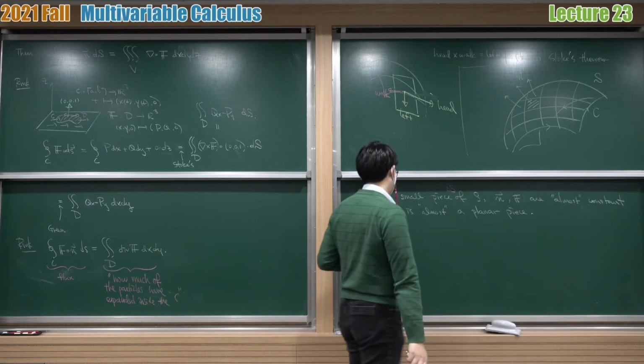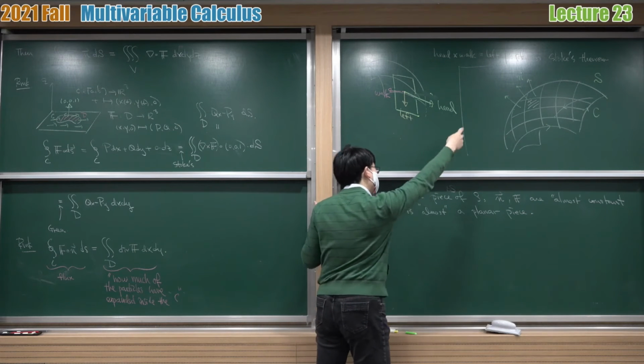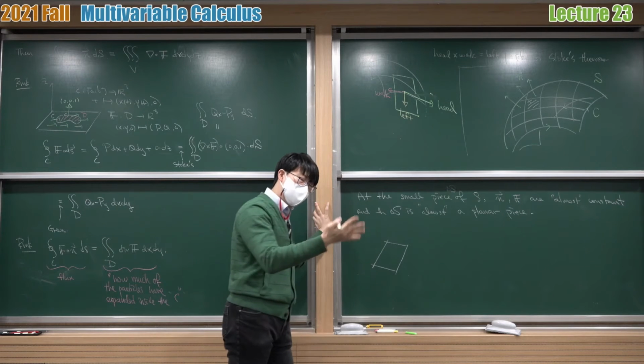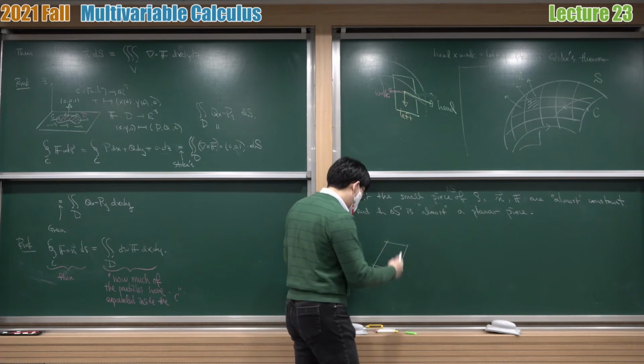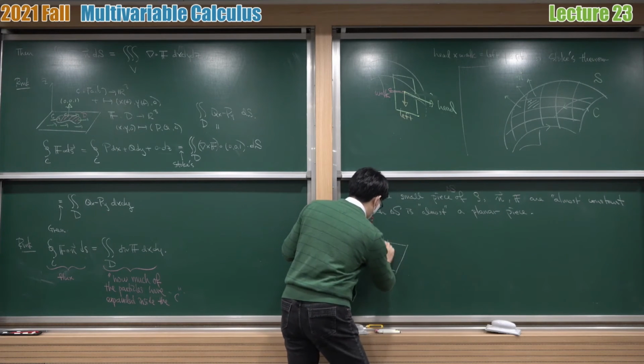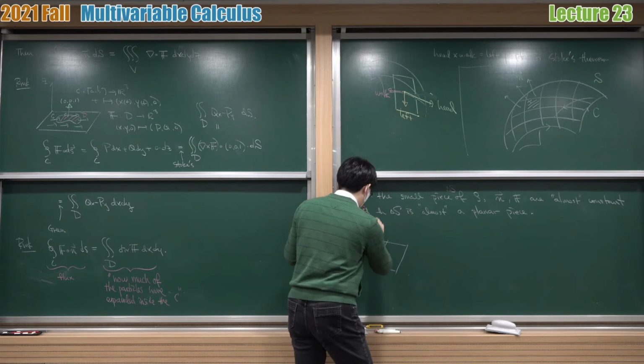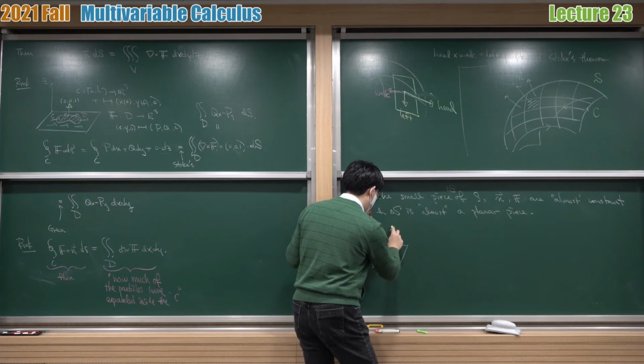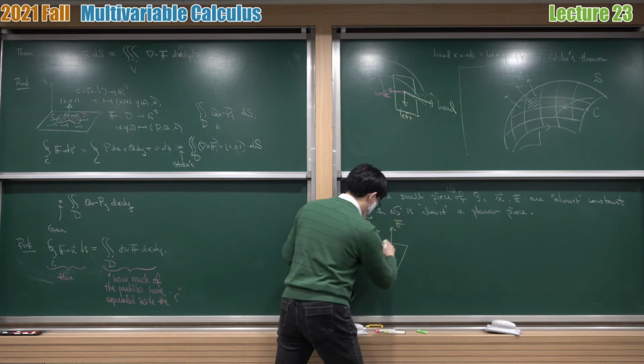Okay, so assume that that picture is enlarged so that we are looking at the flat parallelogram, which points that direction. And also here we have a constant vector field F over this small side here.